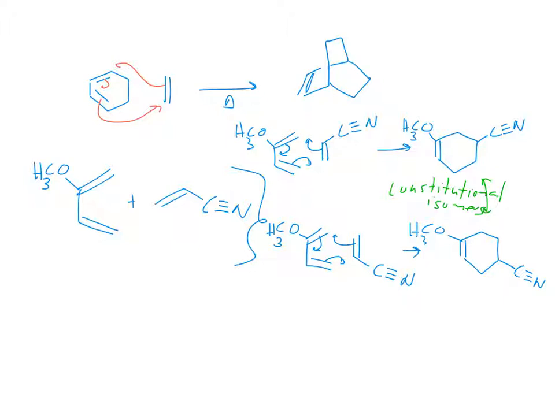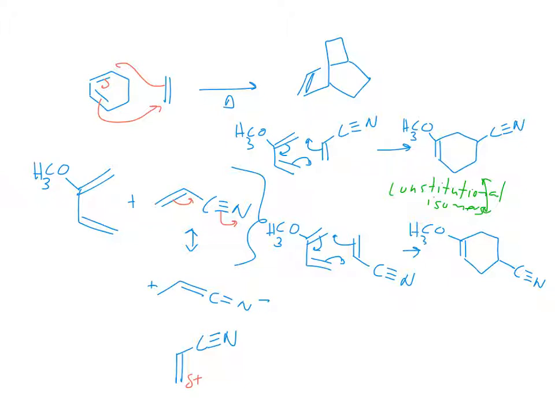We already talked about that if we have electron withdrawing groups, they're going to pull electron density back this way, and what we're going to end up with is a plus on the end. So if we line these up, we're going to have a delta plus on this far end.